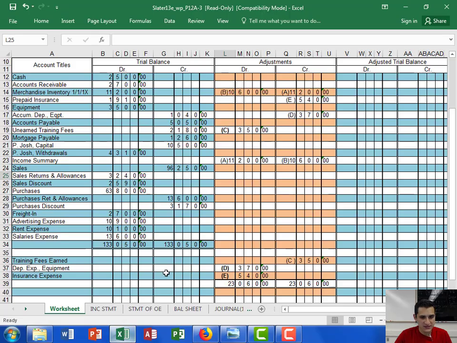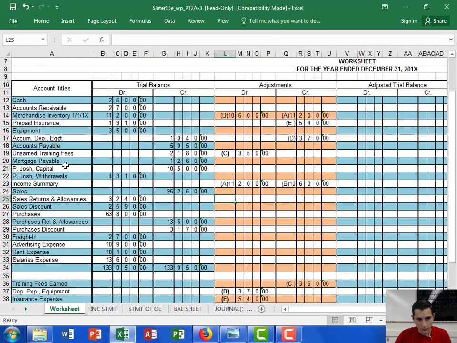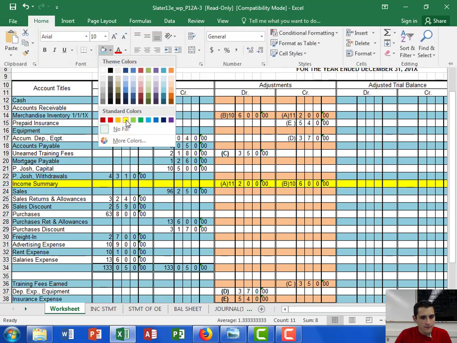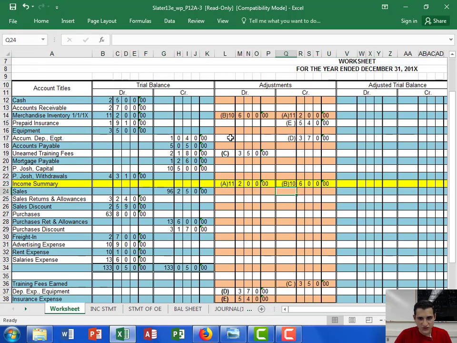If I go to your assignments here, it's showing that we initially had $11,200 in our beginning inventory. But we don't have that anymore. We're ending our inventory with $10,600. So we first have to get rid of $11,200.